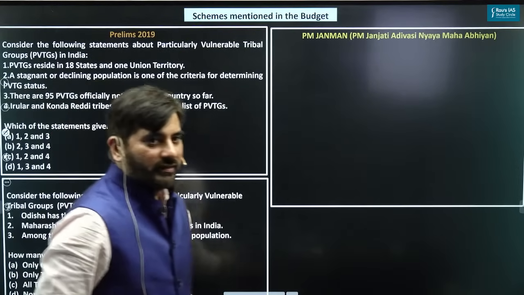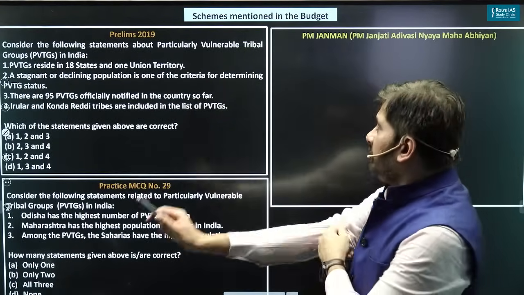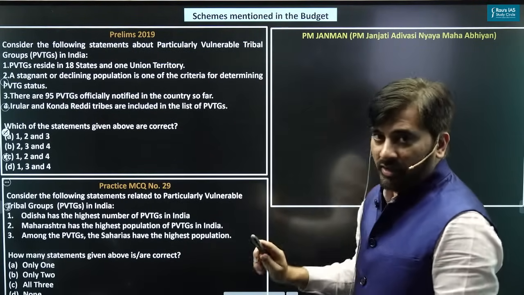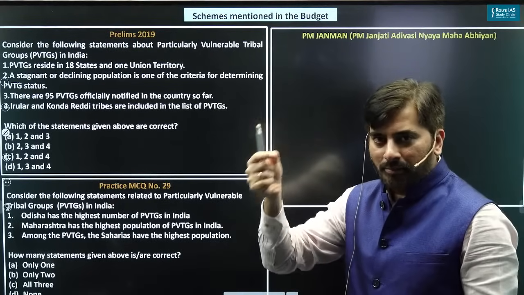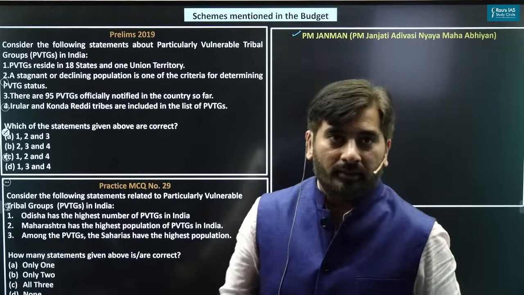Now coming to important schemes mentioned in the budget. While delivering her budget speech, the finance minister made a mention of Pradhan Mantri Jan Man.